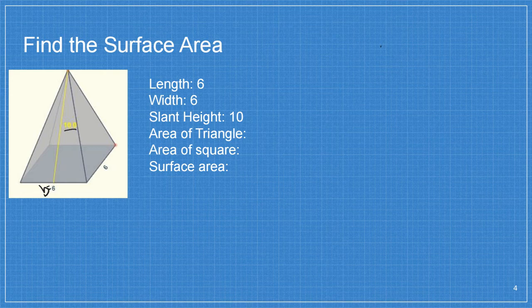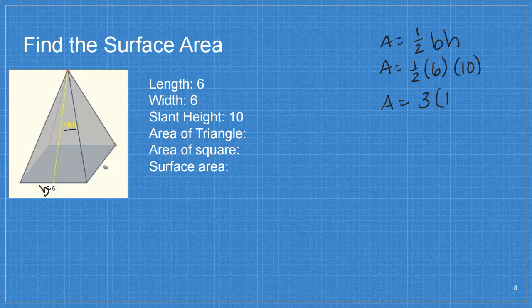Remember that the area of a triangle is 1/2 the base times the height. So I do 1/2 multiplied by 6, which is 3, and then 3 times 10 is 30. The area of my triangle is 30.